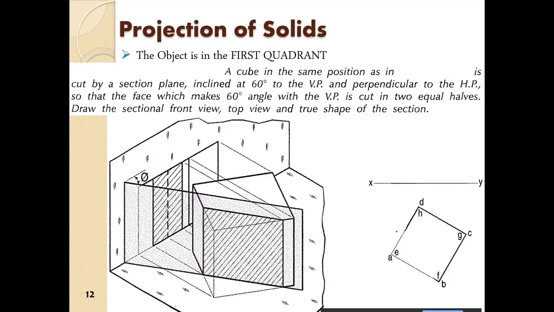So what we have to do is front view, top view. First we will start with the cube. First step, number 1, we draw the top view of the cube.